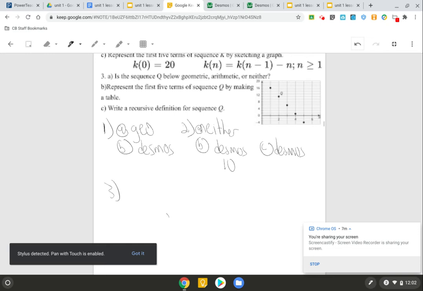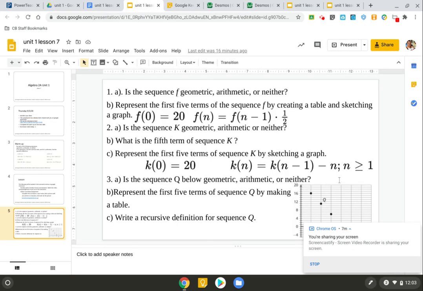Number 3, is the sequence Q below geometric, arithmetic, or neither? Now the sequence Q is given to us with a graph. We'll pull it up here so it's a little clearer.